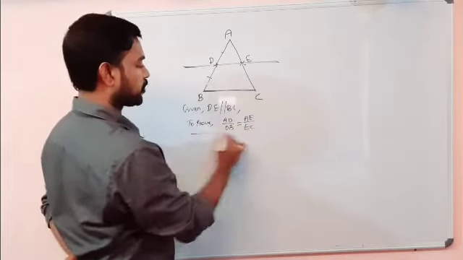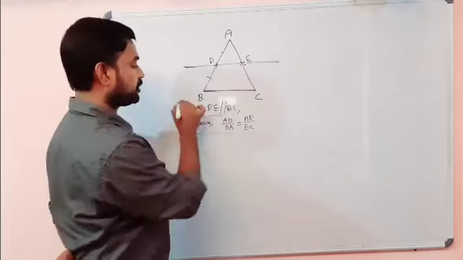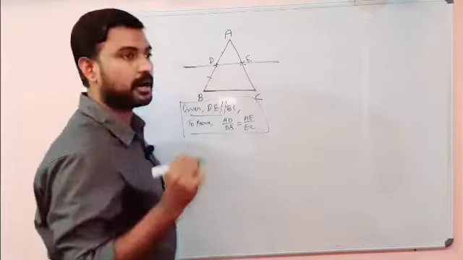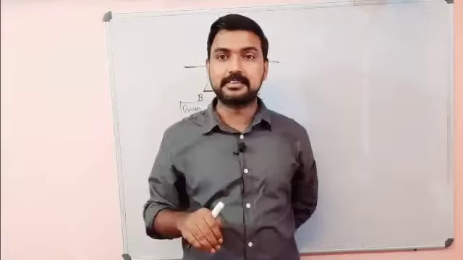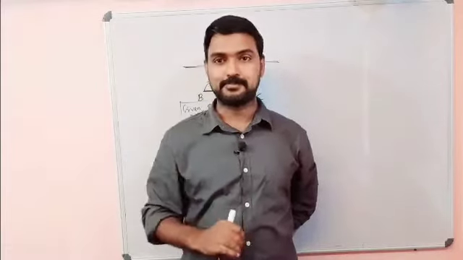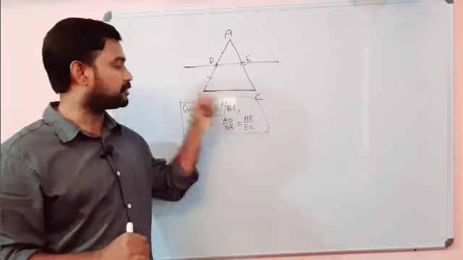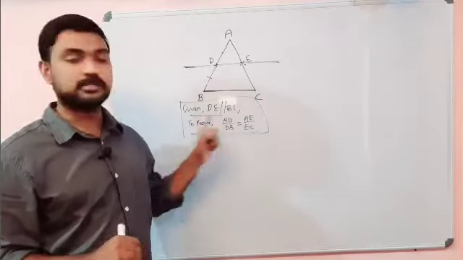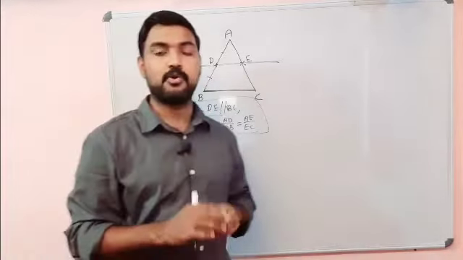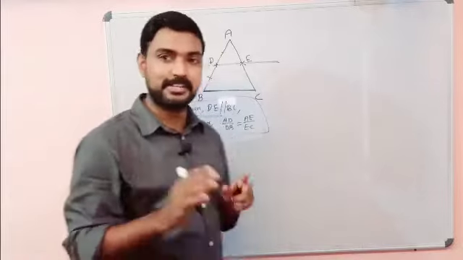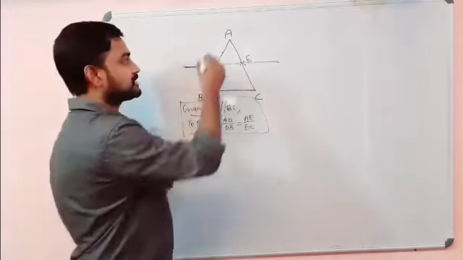This is to prove. This is given. So when you get a theorem, you should identify what is given and what we have to prove. Here DE parallel to BC is given, and their ratios should be equal, that is our proof. For this purpose, we can use one very simple idea.